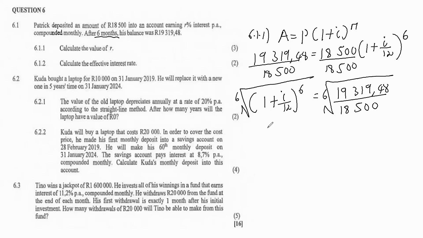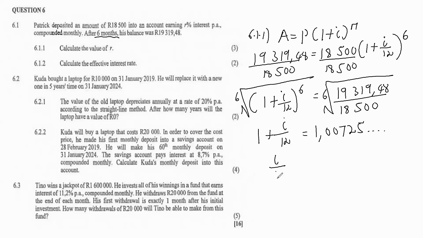Then we are left with 1 plus i over 12 equals, so if we punch this into our calculator, we end up with 1.00725. There are still more decimals following, but I'm just going to write 5 decimal places for the sake of the question.